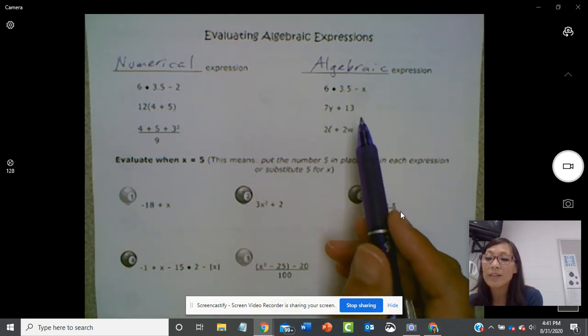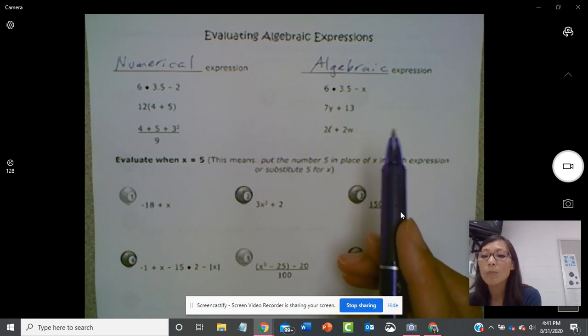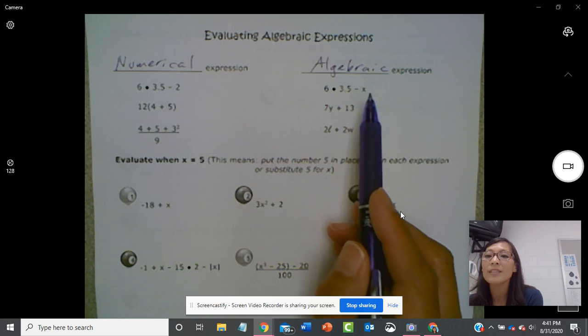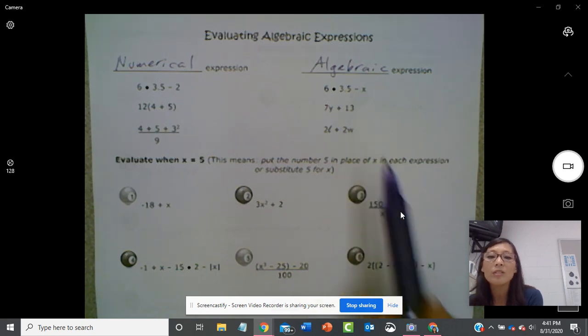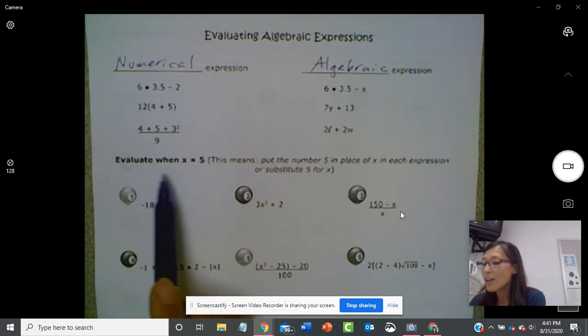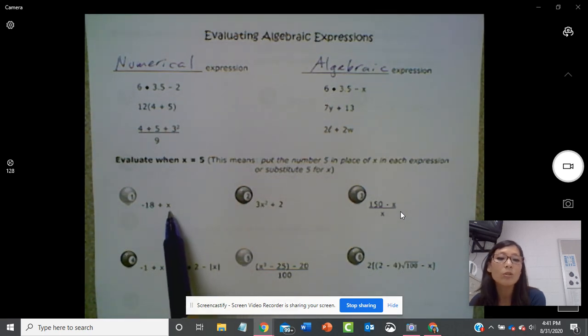But when we have variables, we're either trying to figure out what the variable is, or perhaps we're going to simplify the expression by having a value for the variable. So that's what we're going to do right now. If this says evaluate when x is equal to 5, what that means is we're going to put the 5 whenever we see an x.